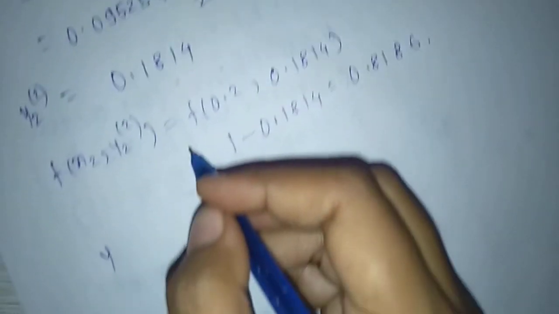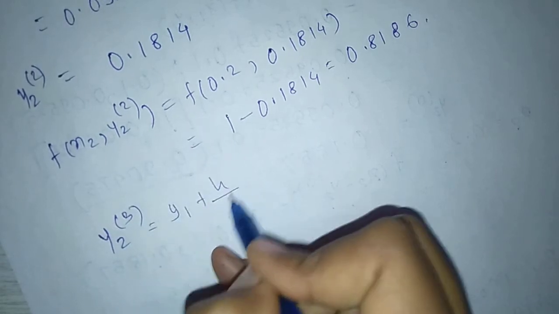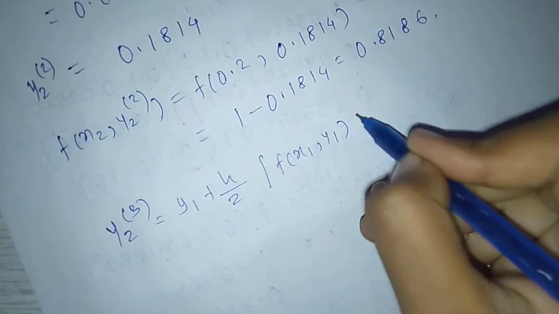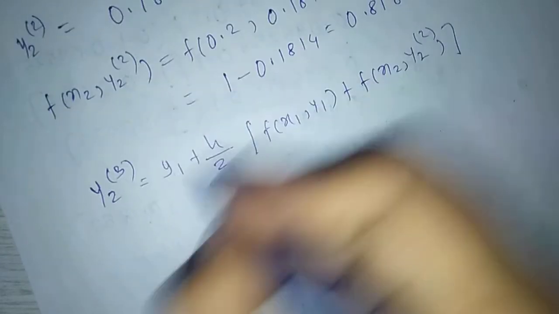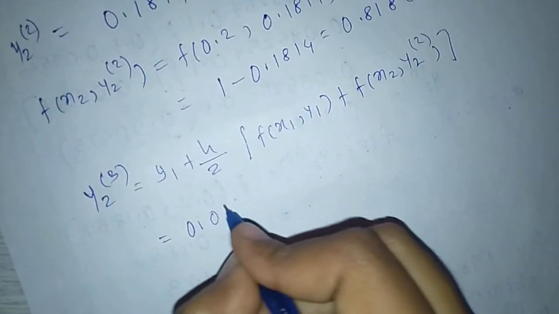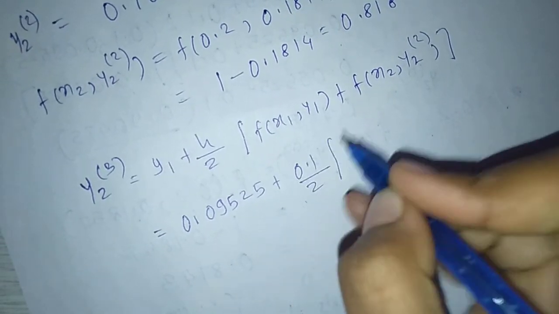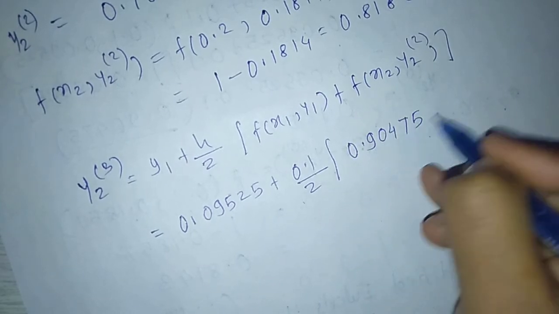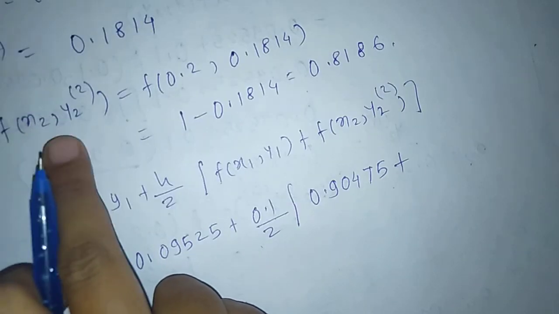The third approximation of y2 is y2 raised to 3 equal to y1 plus h upon 2 times f of x1, y1 plus f of x2, y2 raised to 2, equal to 0.09525 plus h, 0.1, upon 2, f of x1, y1 is 0.90475, plus f of x2, y2 raised to 2 is 0.8186.